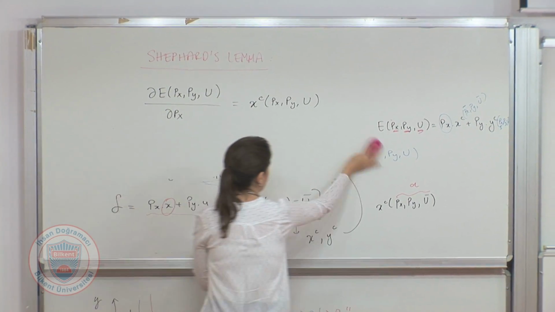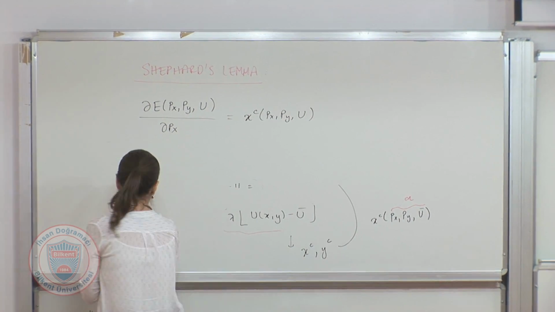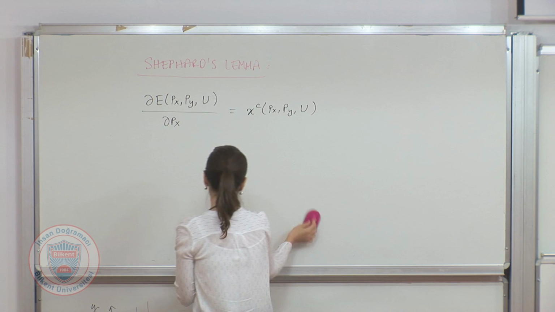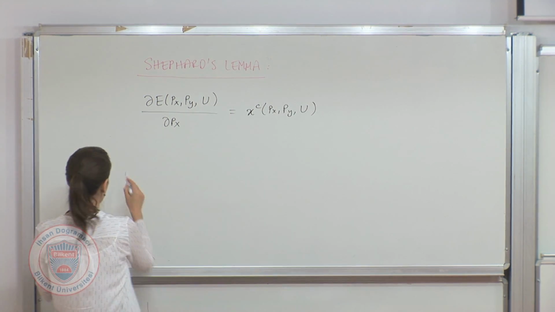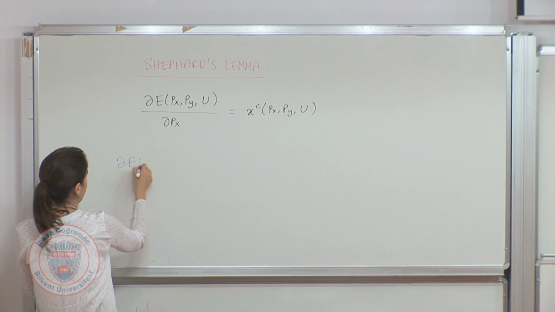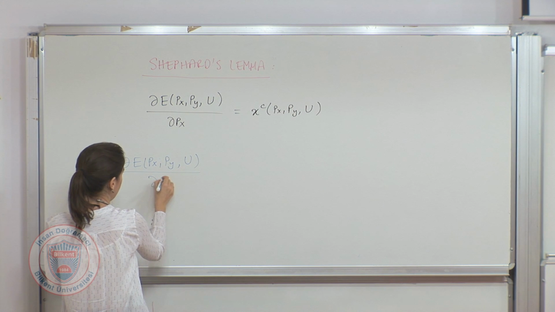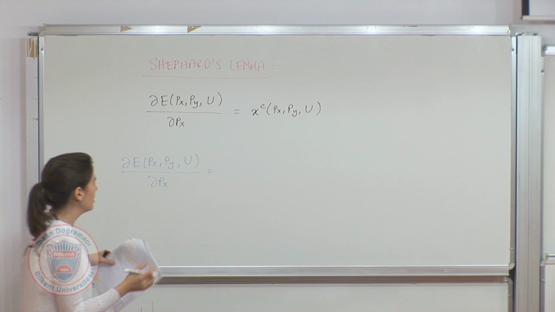I'm not going to erase that guy, but so let's do this here. So we are interested in this derivative, del e of px, py, u bar over del px, okay? Apparently what I can do, I can write down the Lagrangian.